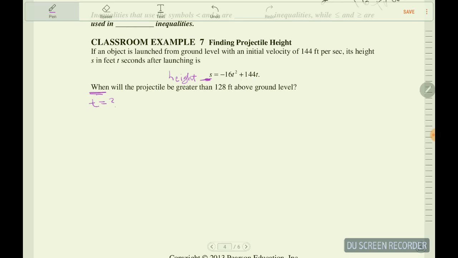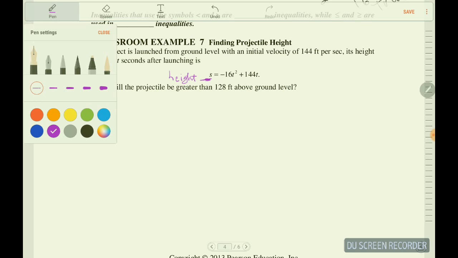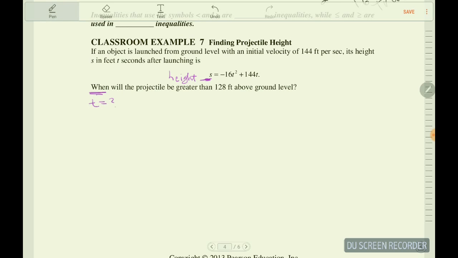So we are solving an inequality, and to set it up, I'm saying when will the projectile be greater than 128 feet above ground level? That's like saying s is greater than 128 when t equals fill in the blank.